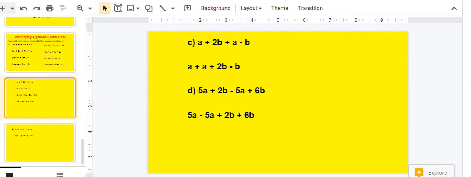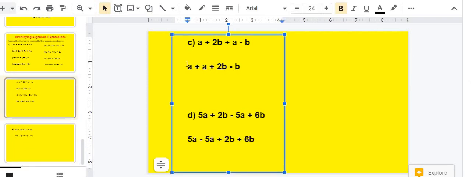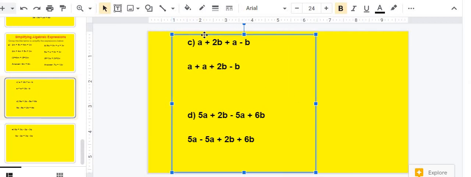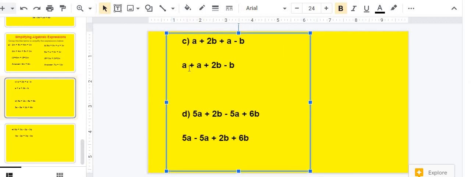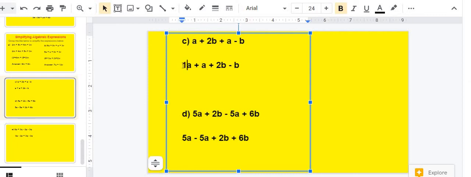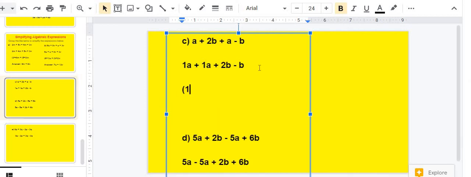For question C, we are going to start combining our like terms. You'll notice that we have a plus a. Remember, whenever there is no coefficient, we can put a coefficient of 1. So it is like you're adding 1a plus 1a. So it's going to be 1 plus 1. We're adding their coefficients. Plus, now we have a minus sign between this pair of like terms.